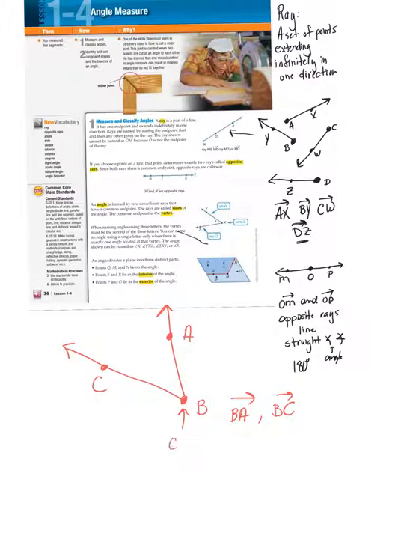That common endpoint is called the vertex. Okay, the two rays are called the sides of the angle. So I have side 1 and I have side 2.